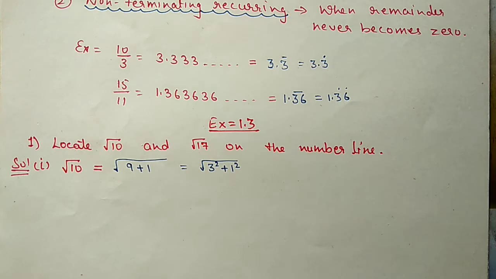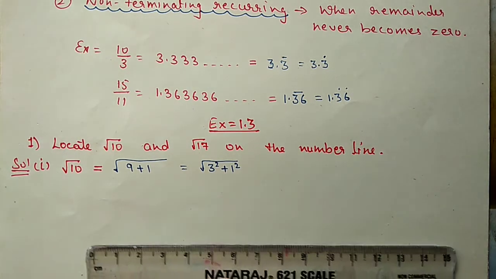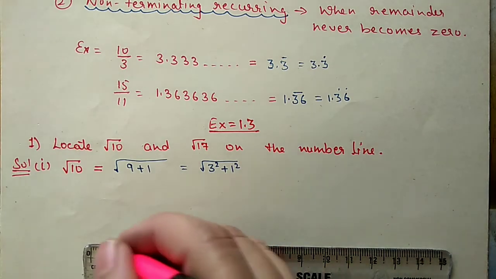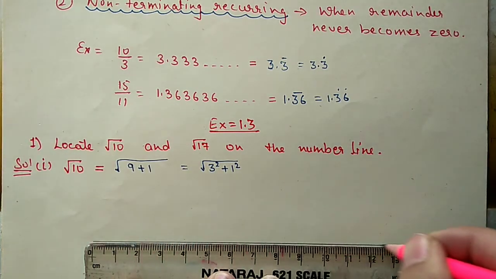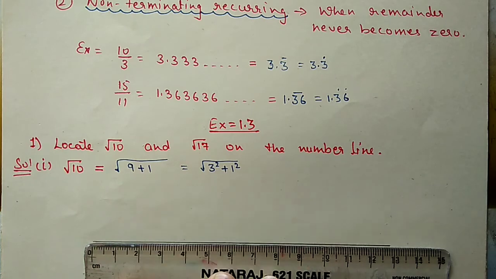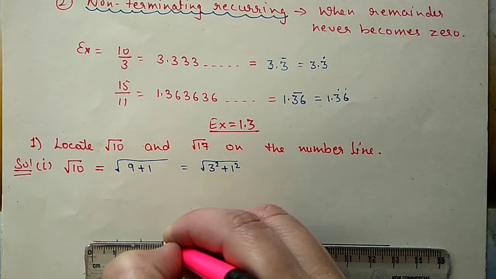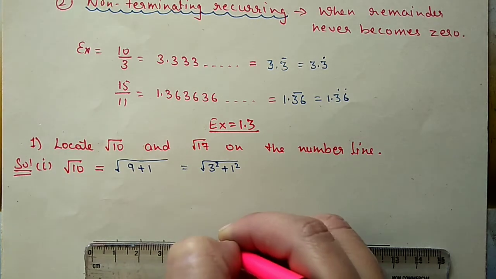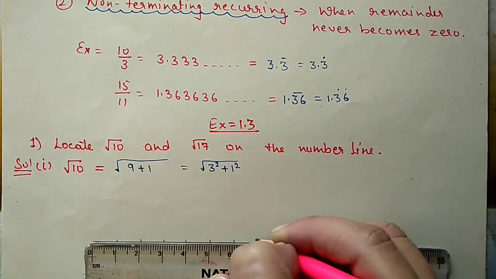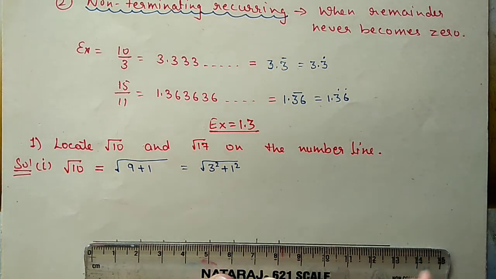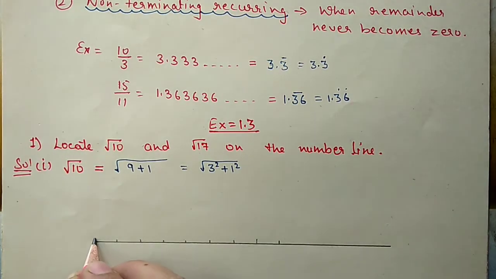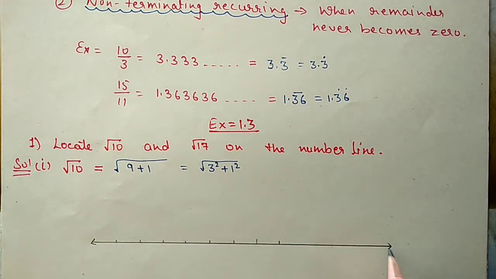Now what we have to do, first of all we have to draw one line, a number line, and then divide this number line into equal parts. Both sides we have to mark arrows.